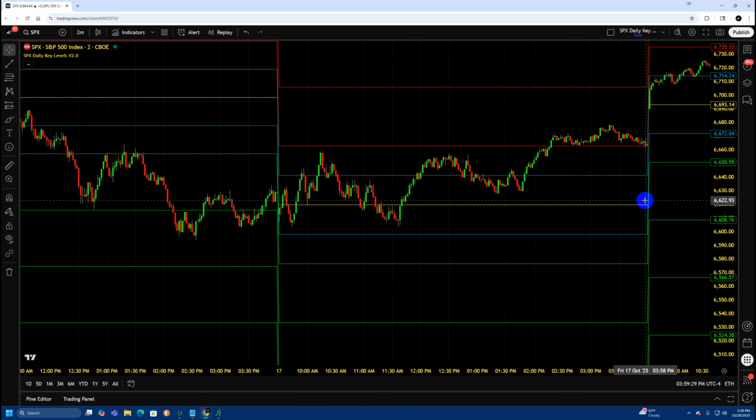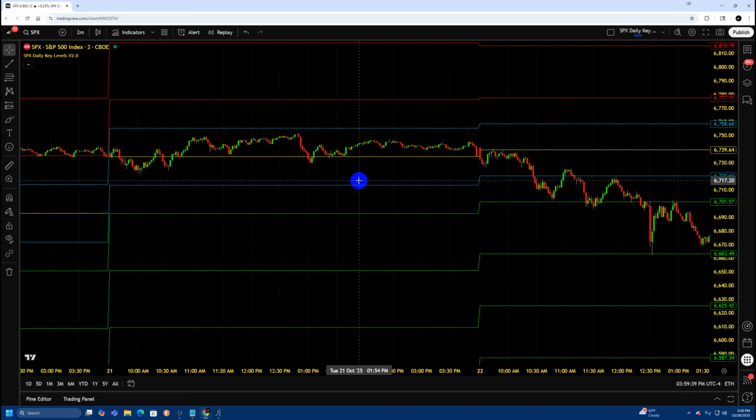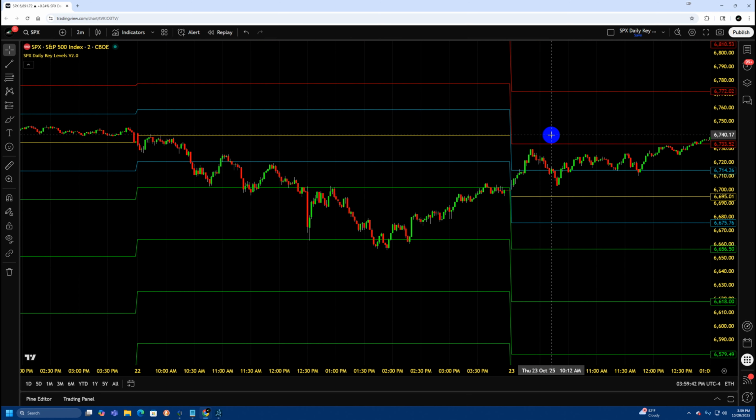Get an overall view on a longer time frame chart, then move it down granularly and get more of an idea of how the SPX trades on any given day, the most recent 2, 3, 4, 5 days, and then over the last couple of weeks, and then over the last couple of months.